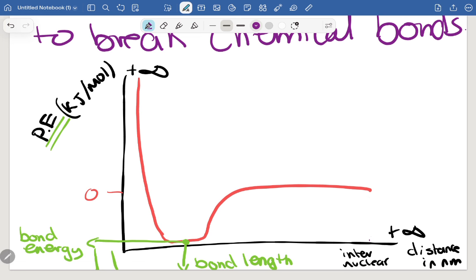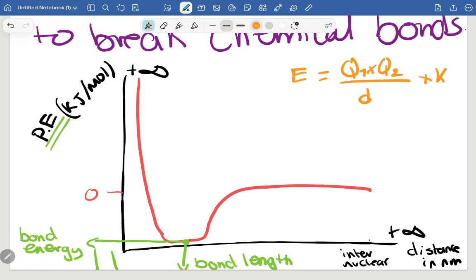We can derive this from a rule similar to Coulomb's rule, where the energy is equal to charge 1 times charge 2 times k, over the distance. So it's not inversely proportional to the square, it's inversely proportional only, and we're talking only about the internuclear distance. Okay, so this is very simply the graph.